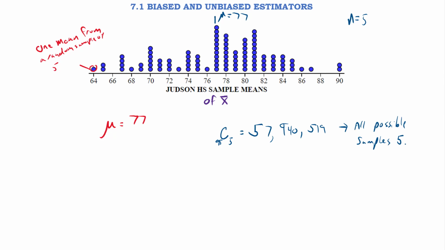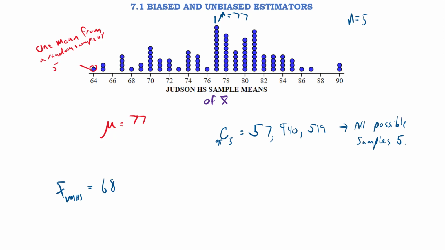So again, let's look at this data as well. Since this was at Judson High School, let's say we took a random sample of 5 of these test scores here at Veterans Memorial High School. And let's say our sample mean at Veterans Memorial was 68.